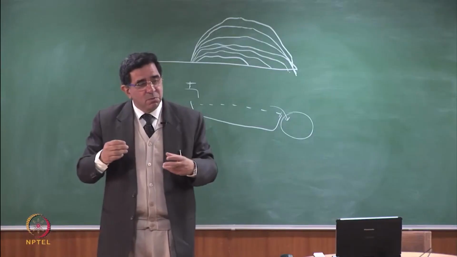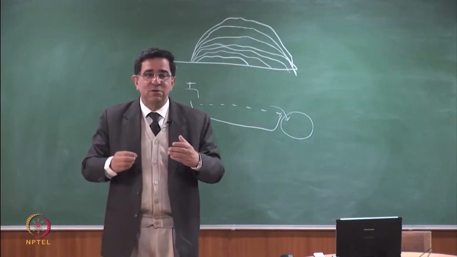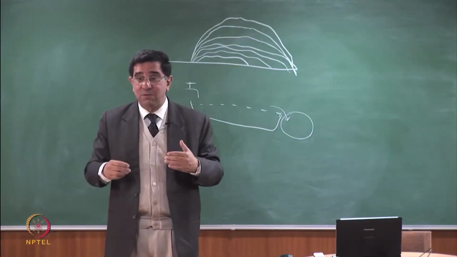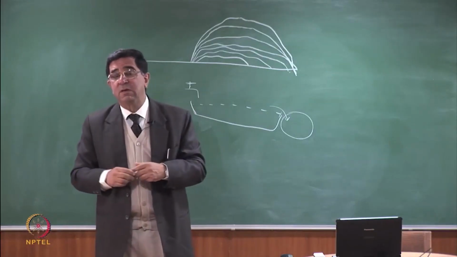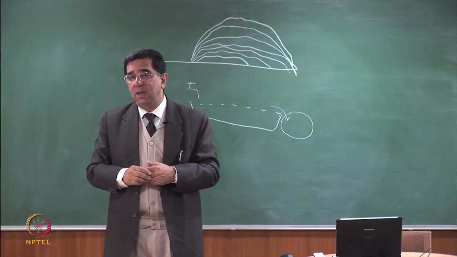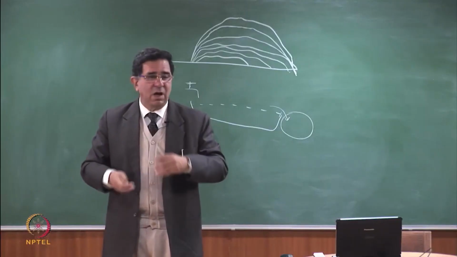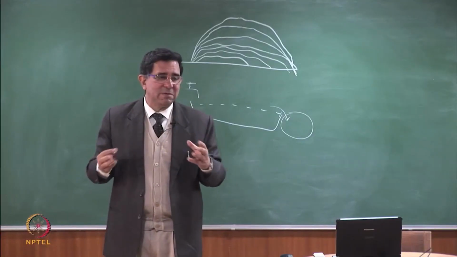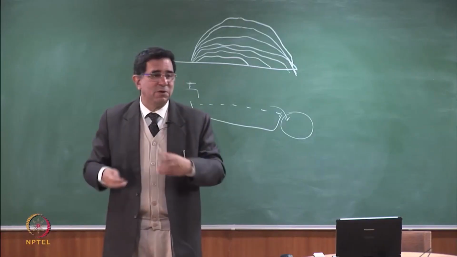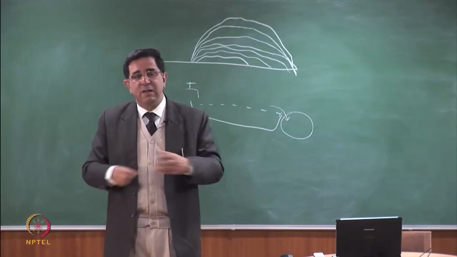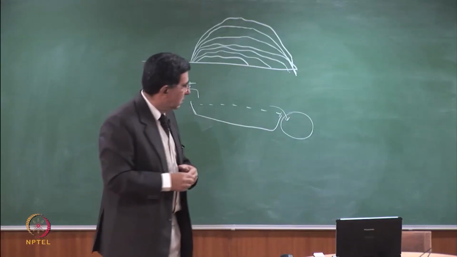Can we do various kinds of things and reduce it to half its value or 25% of its value or even lower? So that is waste management, integrated solid waste management and waste minimization. Our job will always be that whatever waste is coming out, we still have to dispose it on land, and we should dispose it in a manner we don't affect the human beings and the ecosystem around it.